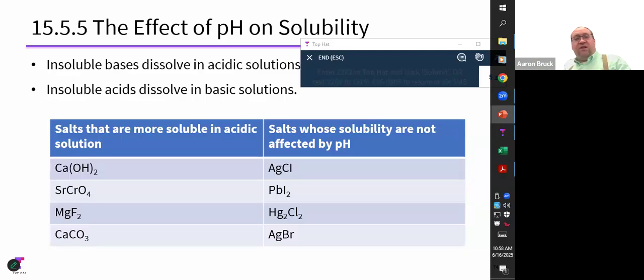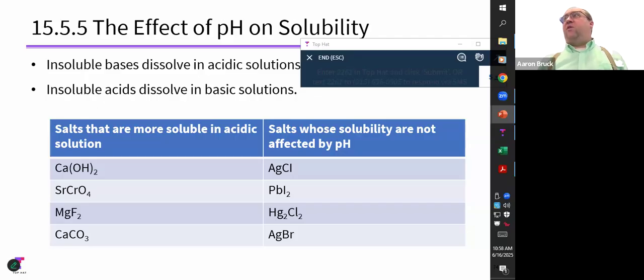And the case for all these other ones is similar. Chromate ion is basic. So as it reacts with acid, it's going to start to form chromic acid, which is a weak acid. That's going to lower the concentration of the chromate ion. We're going to see more solubility as a result. Magnesium fluoride.